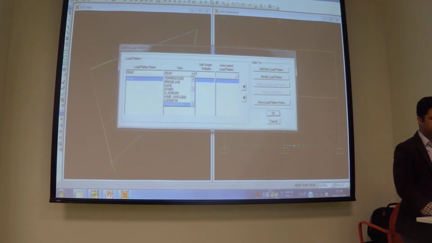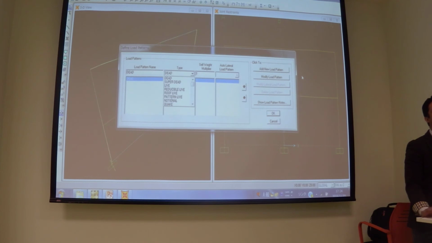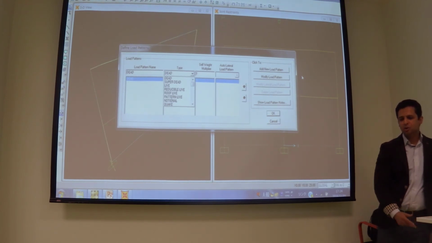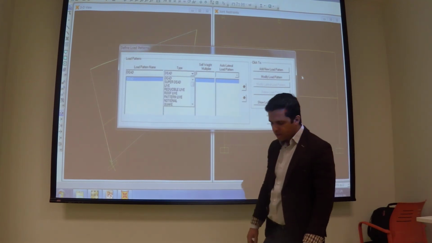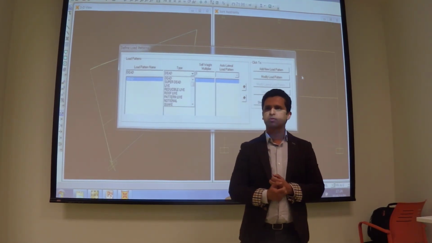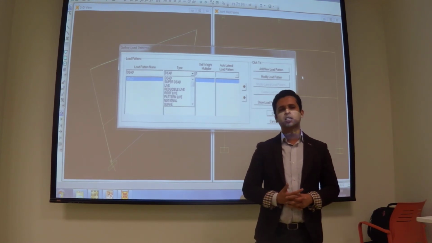What is the difference between dead and super dead? Any one of you? The super dead is like Superman. No, it's not like that. Dead load, there are two types of dead load. For example, one is the self weight of the structure, that's a dead load.